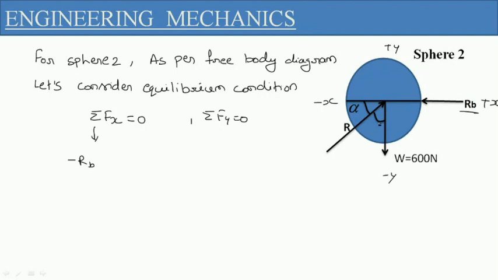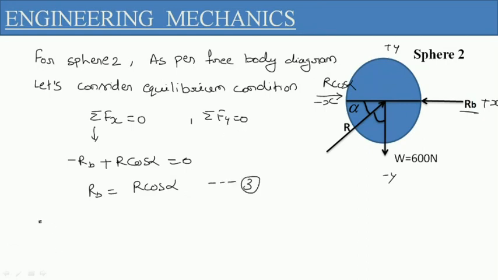Another force acting in x direction is the component of R, which is R cos alpha, acting in plus direction, so plus R cos alpha equals 0. So RB will be R cos alpha. Let us consider this as equation 3.